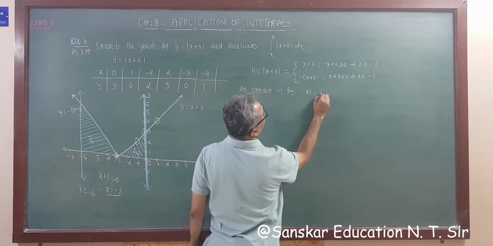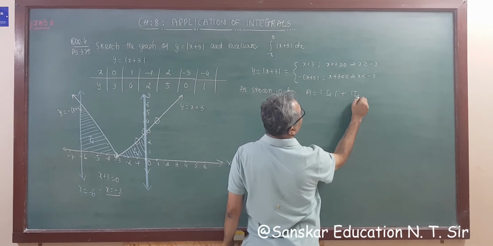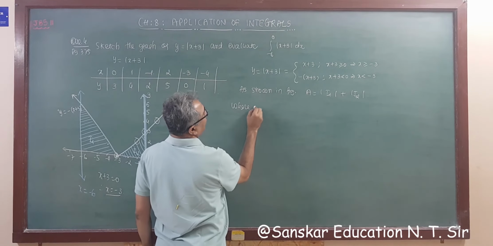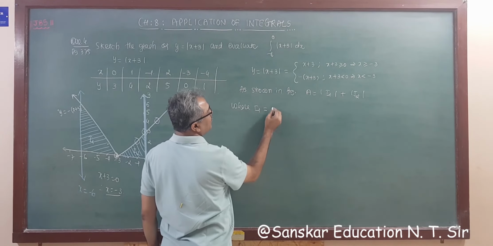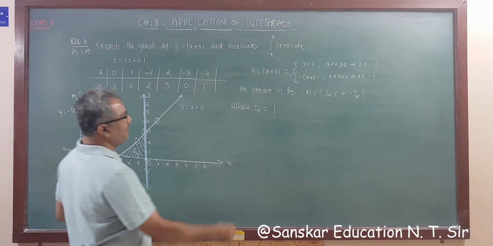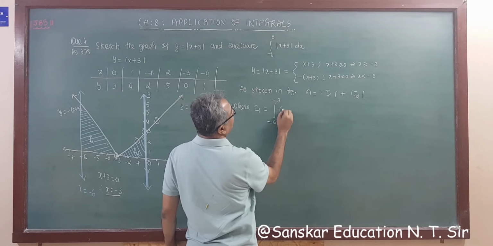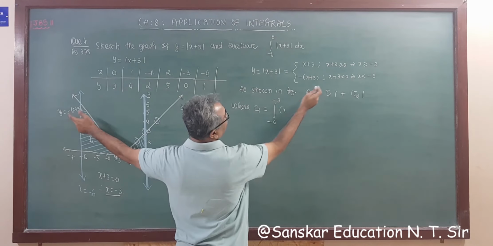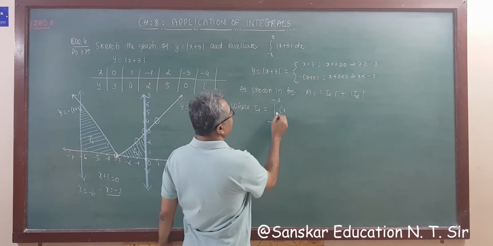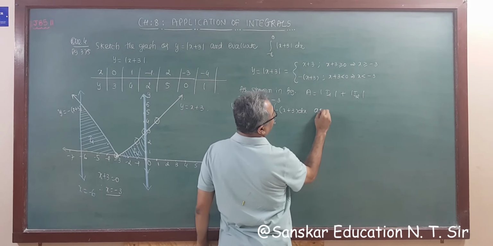A is equal to mod I1 plus I2, right? Where I1 is equal to integration from minus 6 to minus 3. In minus 6 to minus 3, x is less than minus 3, so it is minus (x plus 3) dx.